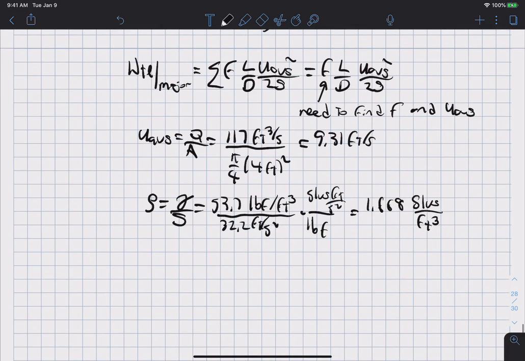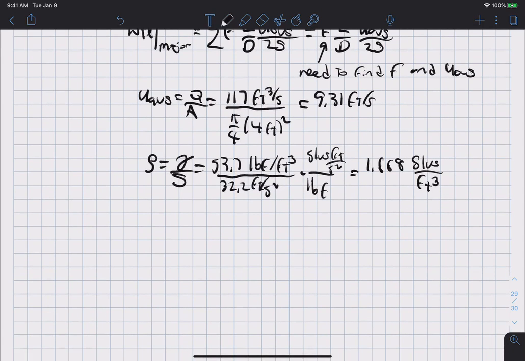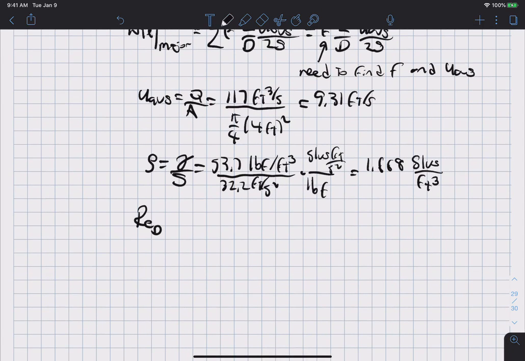Okay, now we know the viscosity, which was given in the problem statement. We know U average, we know rho, and we know the diameter. So we can find the pipe Reynolds number. So Re_D equals rho U averaged D over mu.